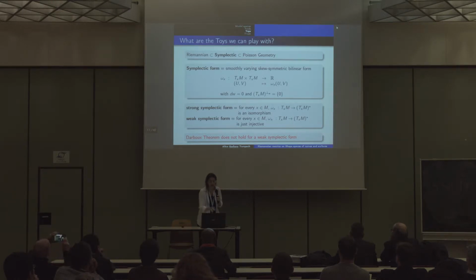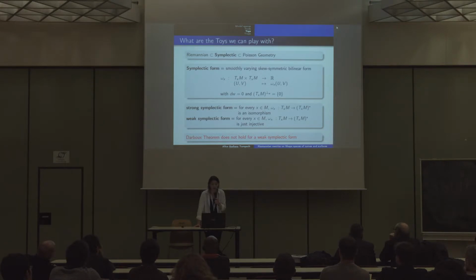Inside the Riemannian setting, the symplectic setting is a generalization in some sense. And just recall what a symplectic form is. It's a smoothly varying skew-symmetric bilinear form that is closed and non-degenerate. And again, you have a strong symplectic form where you have identification of tangent spaces and cotangent spaces by the use of this bilinear form.